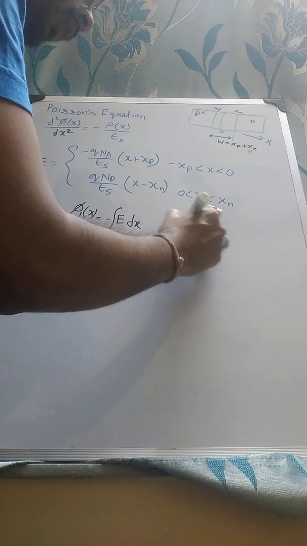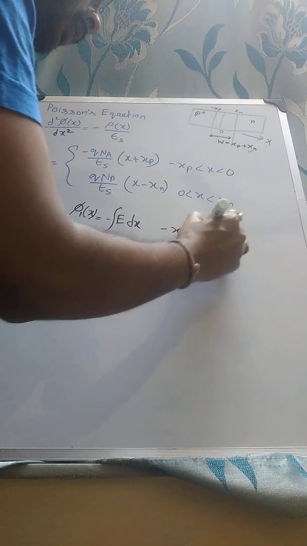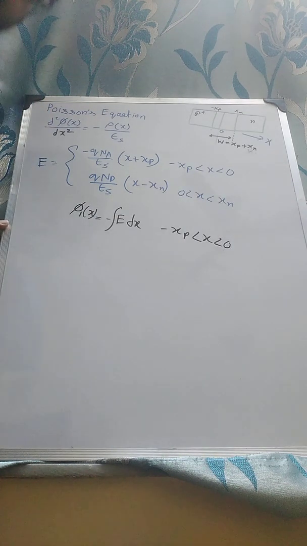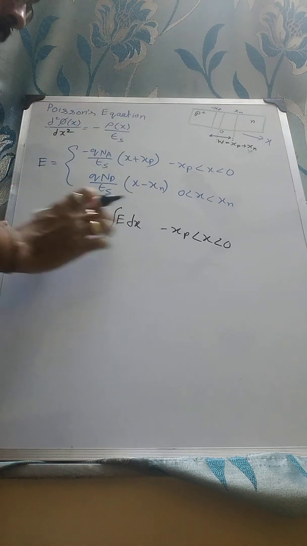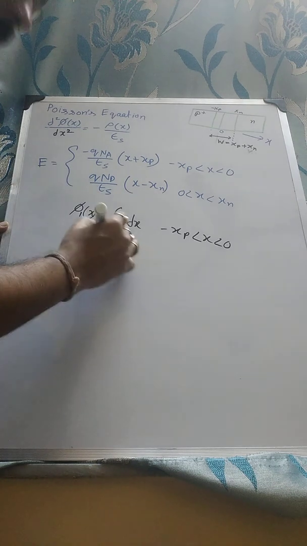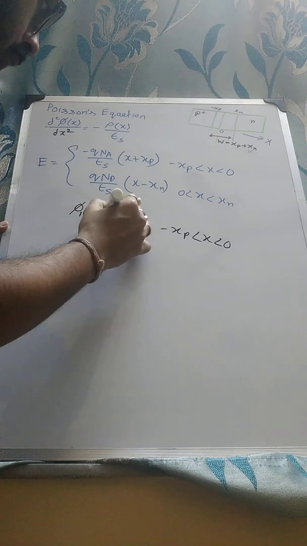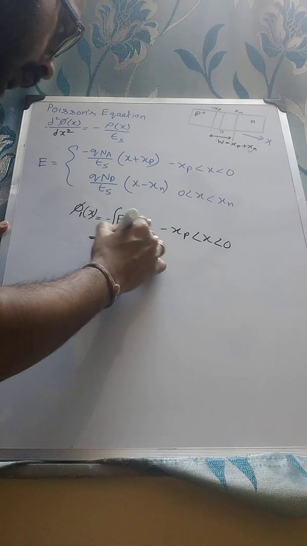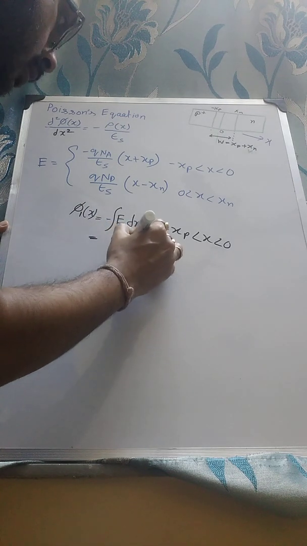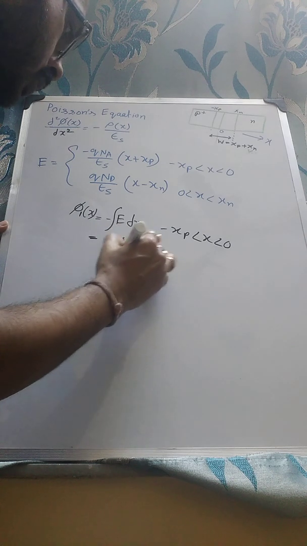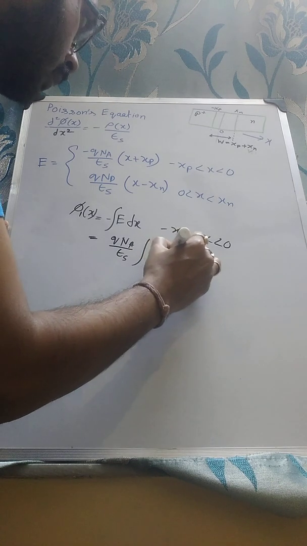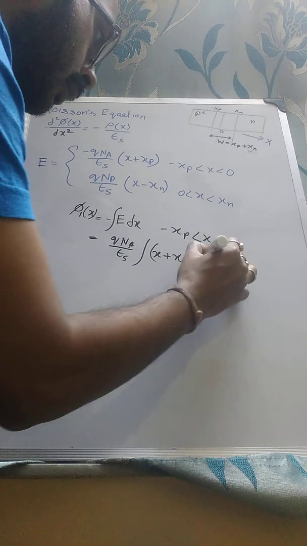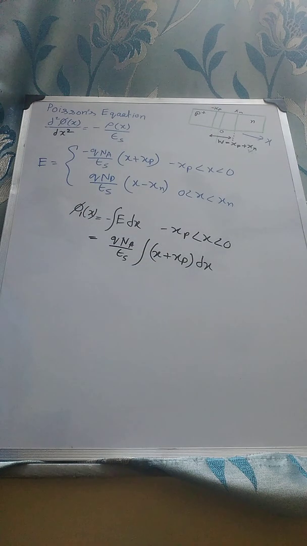Now let us put 1 first, because now we are trying to find out the expression for phi of x between this region, right? Between this region we are trying to find out the potential. So if we put the value, minus minus gives you a plus, and as all of this has no spatial variable, this would be my expression, right?